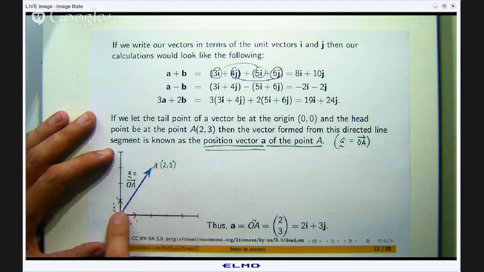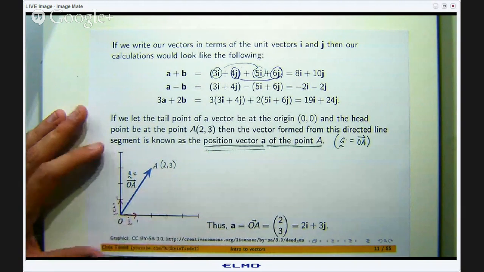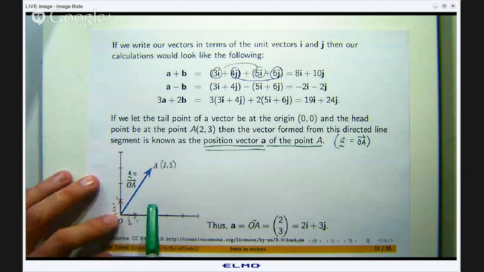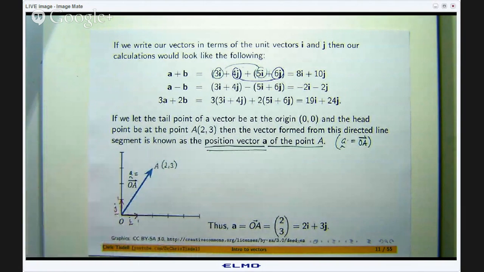And to get up here, I've multiplied j by 3. So using the triangle rule, it would be 2i plus 3j. Okay, so you draw in a right-angled triangle here, and the hypotenuse would be the sum.